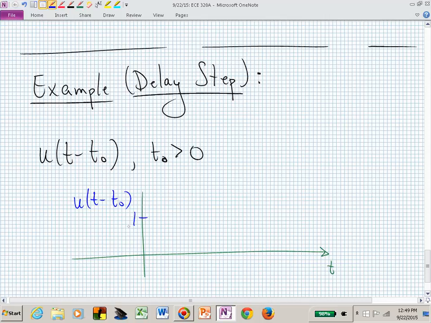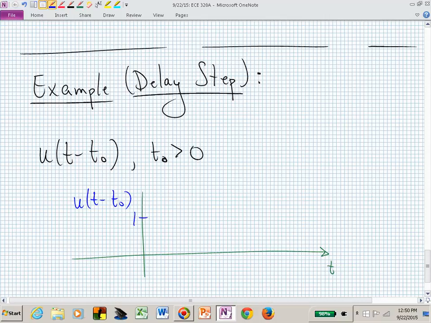It's going to have a value of 1, right? U of t. We haven't scaled that waveform, but we said that the argument, when it's non-negative, makes this waveform equal to 1. And when is this argument non-negative, or when is it positive, to be a little bit less general.